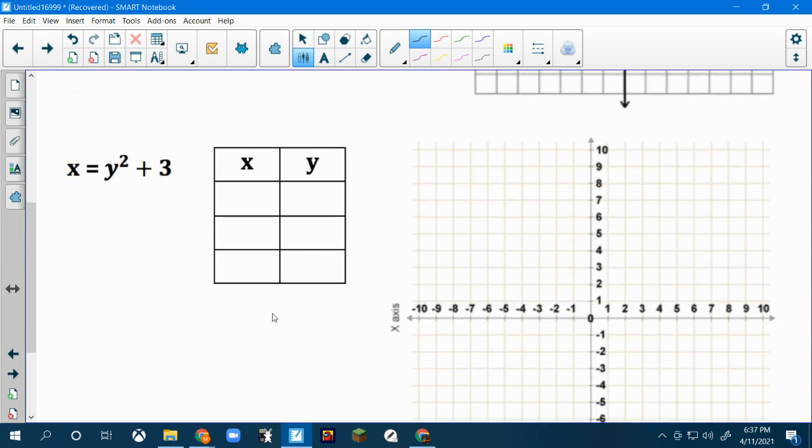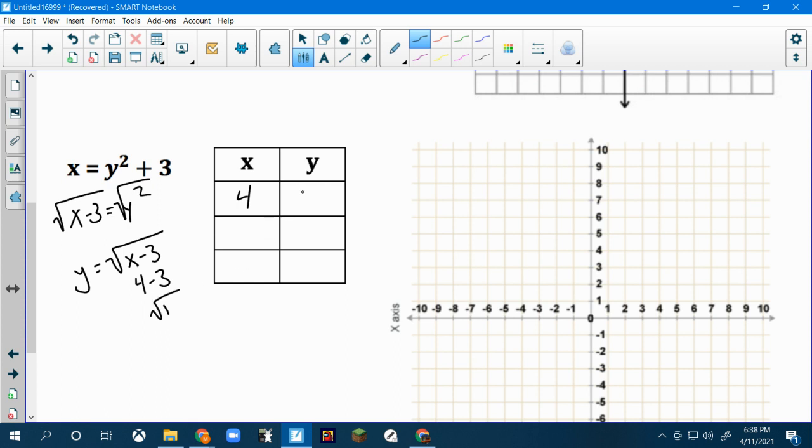One more, x equals y squared plus 3. We're actually going to solve this to x minus 3 equals y squared, which means we have to take the square root of both sides. So y equals the square root of x minus 3. Let's put some numbers in here. If I put 4 in here, 4 minus 3 is 1.